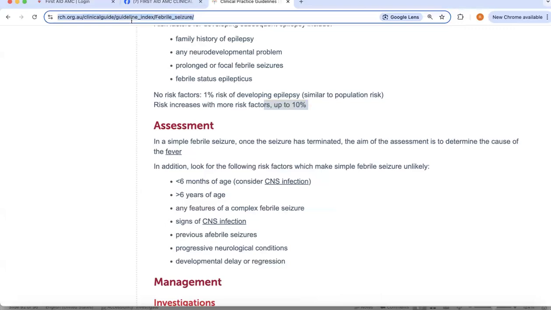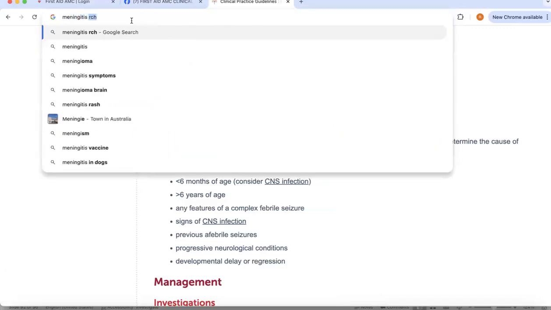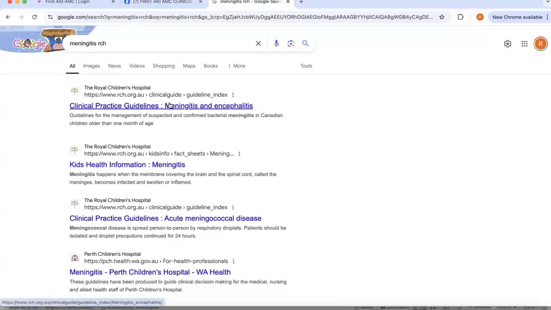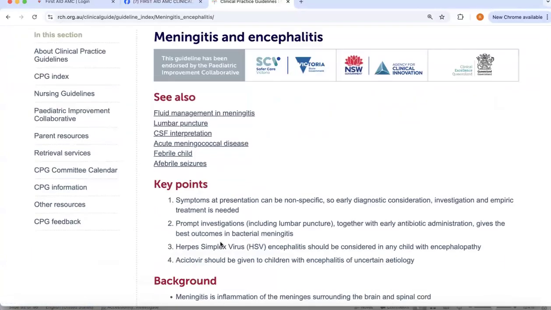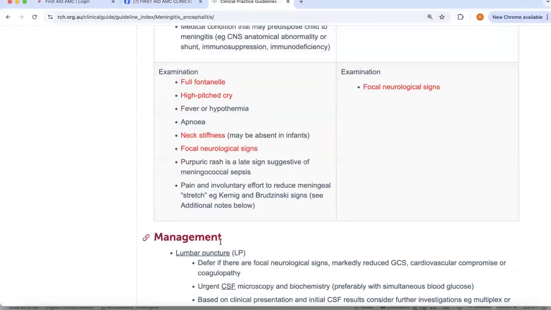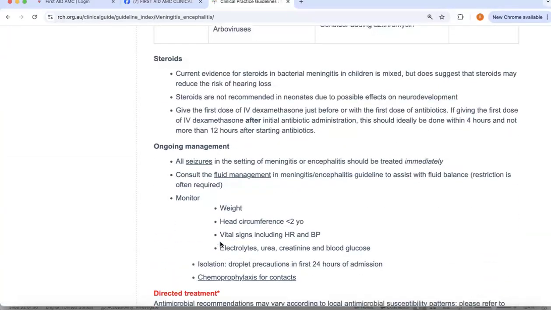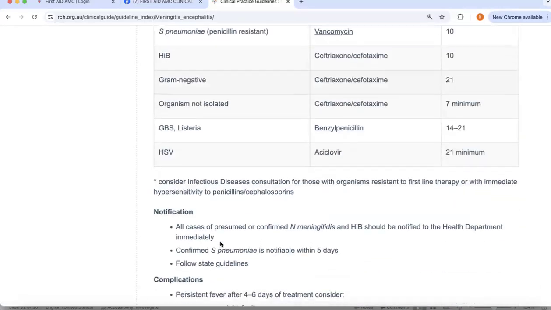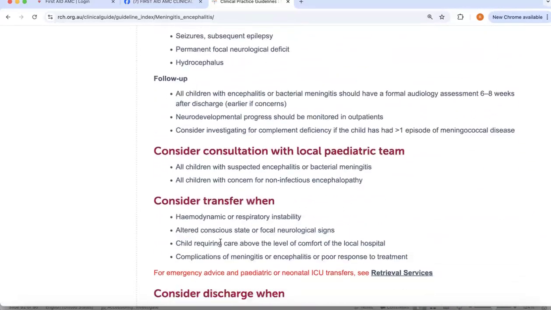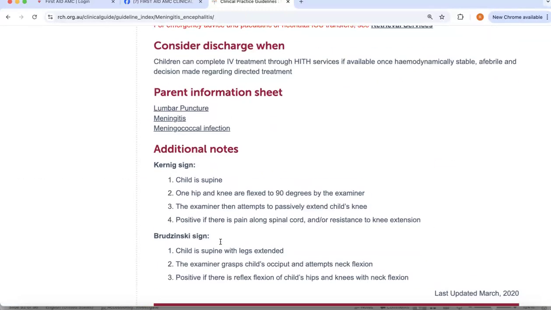Like if you go to meningitis RCH, there is a meningitis guideline in here. It's important. So have a read about the management we discussed already. Complications, follow-up, those things.